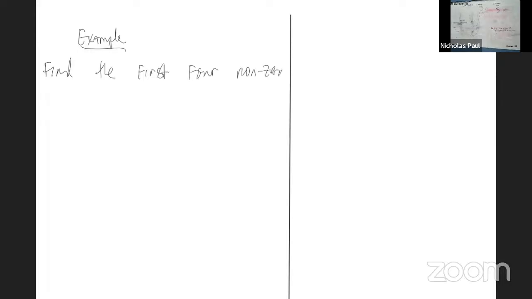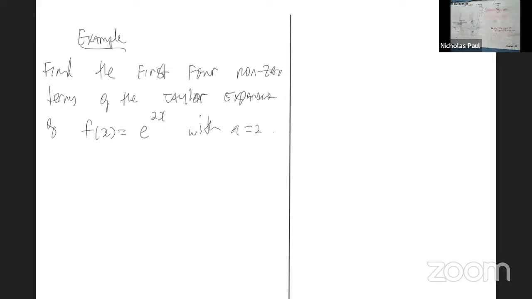Find the first four non-zero terms of the Taylor expansion of f of x is equal to e to the power of 2x with a is equal to 2. So they're telling you what to use as a. A is 2, right? So let's start.